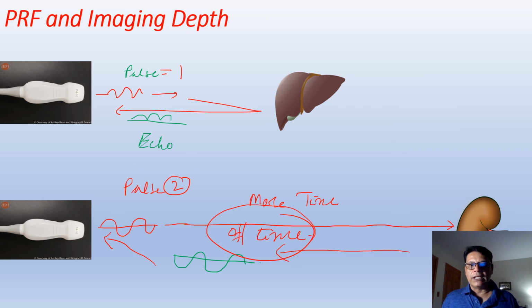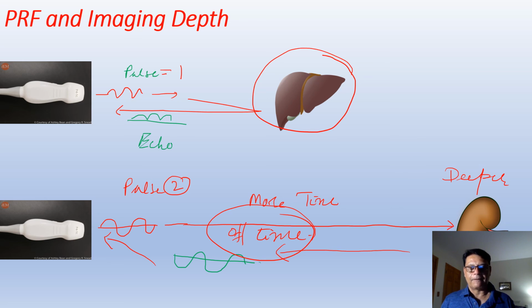So when you increase the depth, you scan a deeper organ, the transducer has to wait more as compared to when you are scanning a superficial organ. And this is for the sake of argument, otherwise liver is not a superficial organ. Or you can say the organ that is at lesser depth.